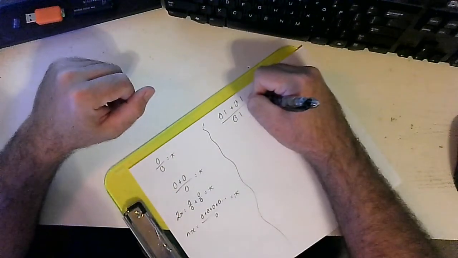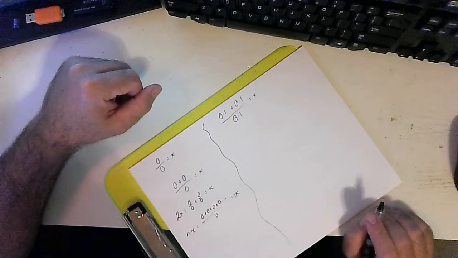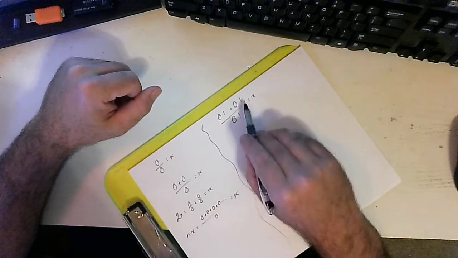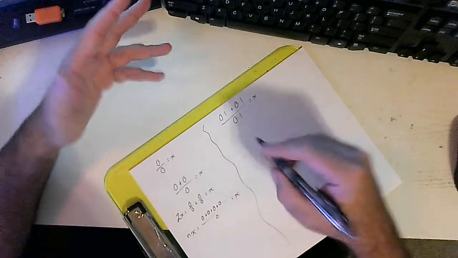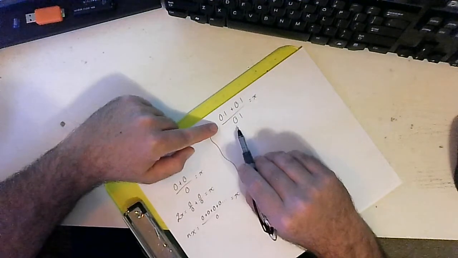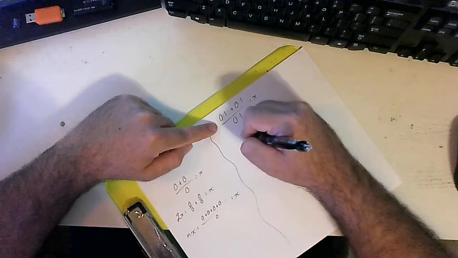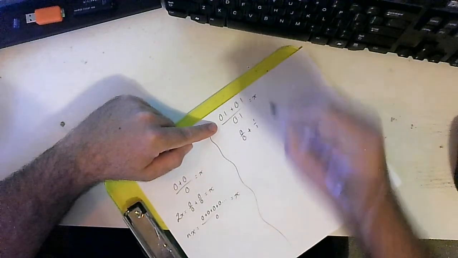That's our x. Well, there's some tricks I can do here, right? I can factor out the 1s and the 0s and end up seeing that this is the same as 0 over 0 plus 1 over 1.